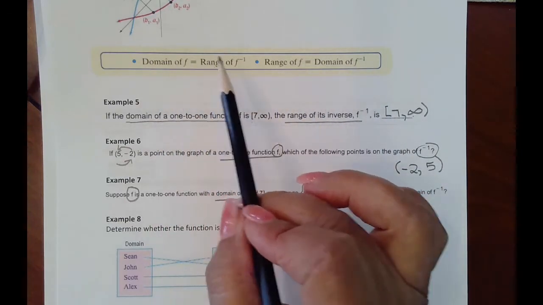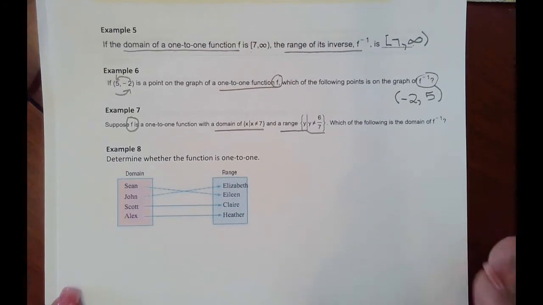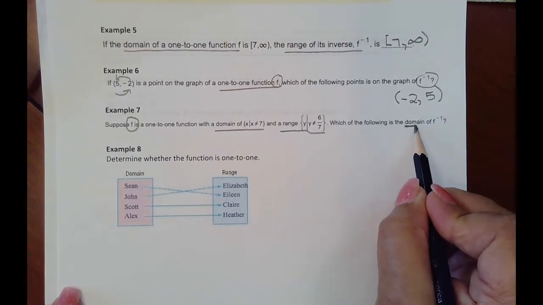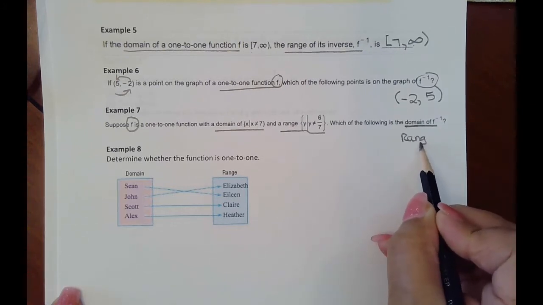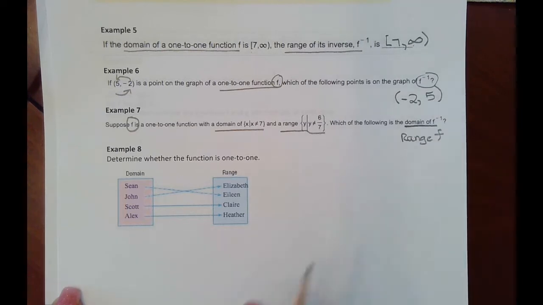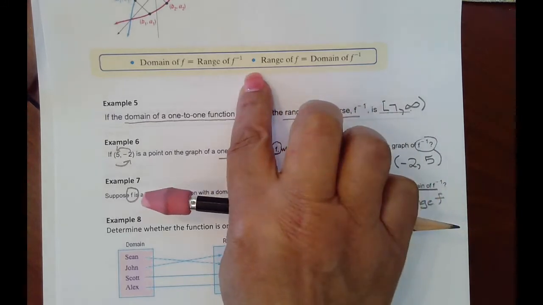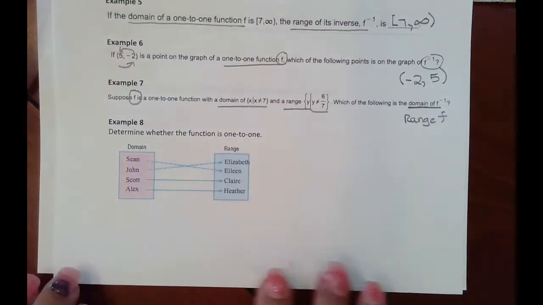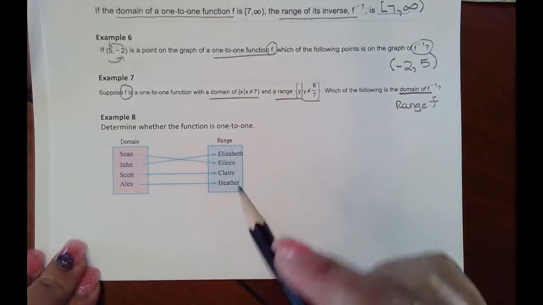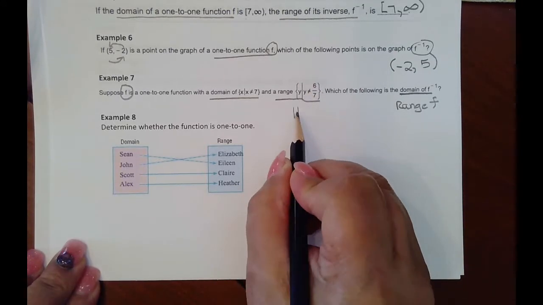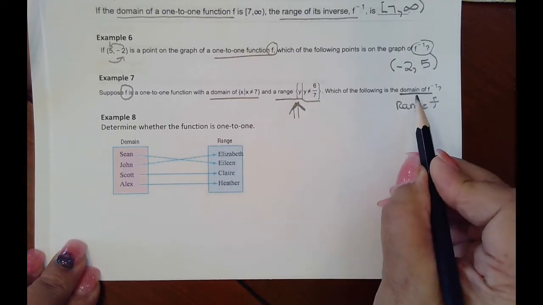So domain becomes range, and range becomes domain, as you go from the original to the inverse. The domain of the inverse is equal to the range of the original. So all we have to do is come back here and look at the range of the original. Here it is, right here. That's going to help us get this domain.